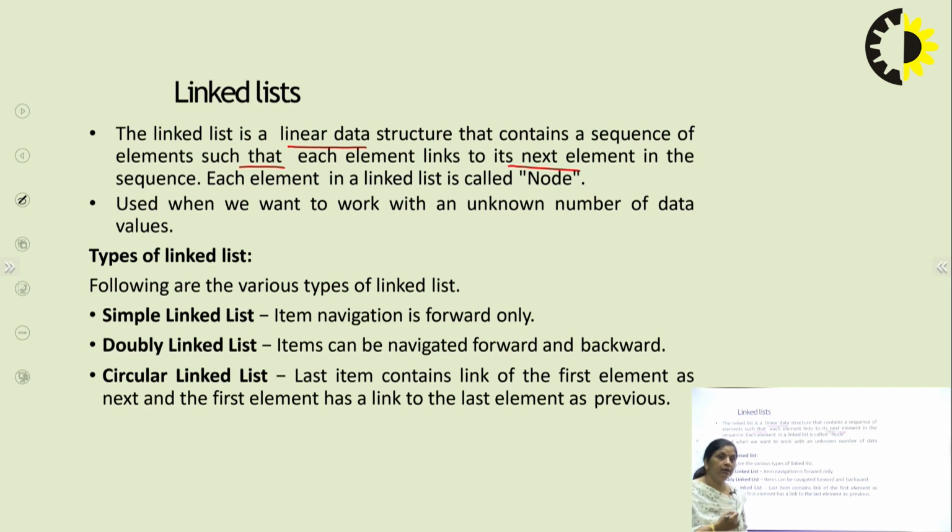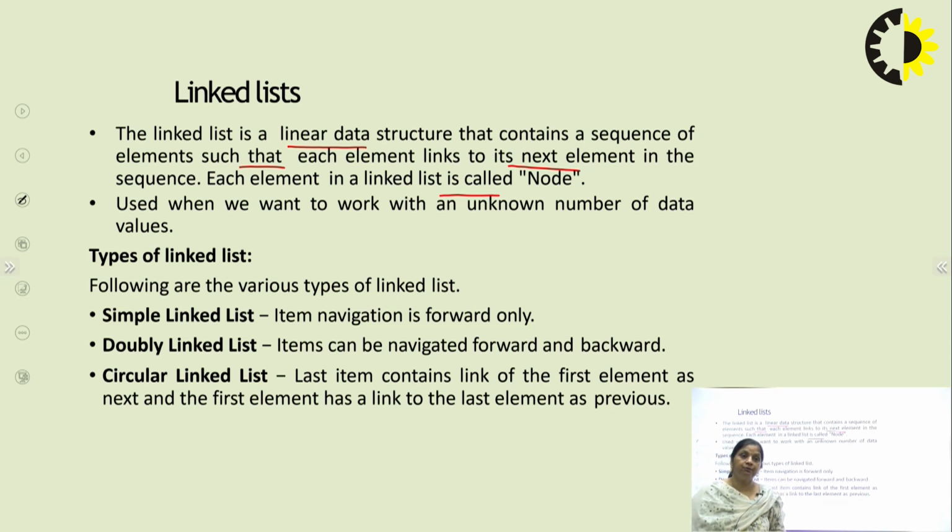Then how do we access? If we talk about arrays, in arrays we access the elements with the help of the subscript, because those are stored in contiguous locations. But in linked list, these values are stored at different locations through nodes. And how do we access different elements?